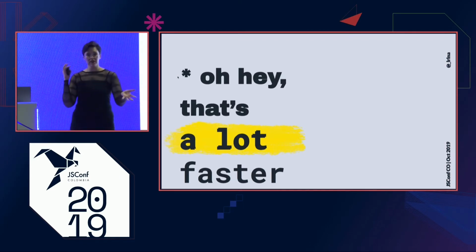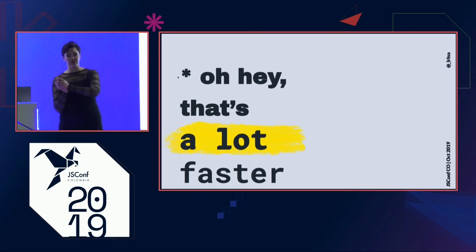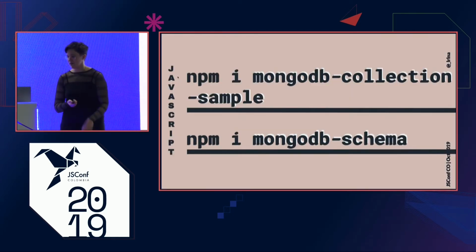Cool. So before we get into how we rewrote the whole thing, let's talk about how this thing works. It's a brief overview, so we're on the same page. We have two things that power the JavaScript version of things. One is a collection sample, which does the sampling that we're going to leave as is in JavaScript, and the other one is a MongoDB schema, all available on NPM and open source.